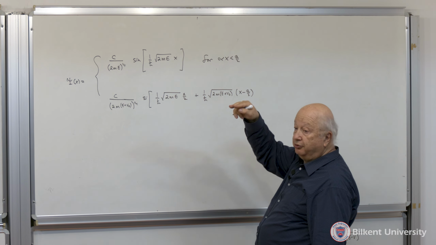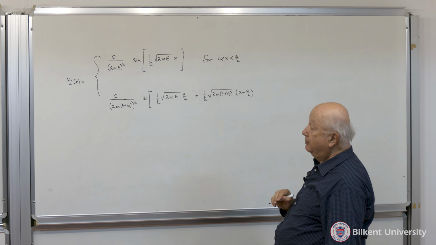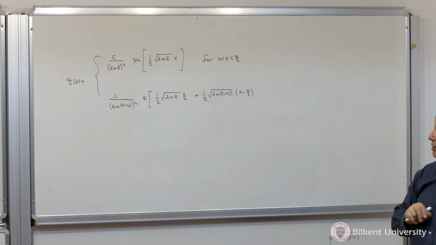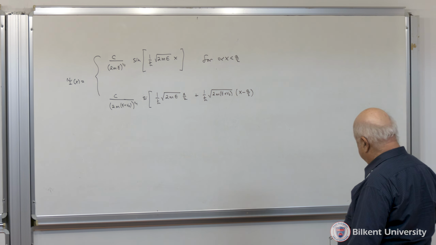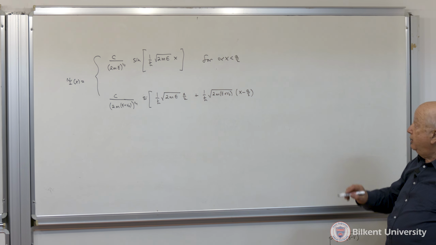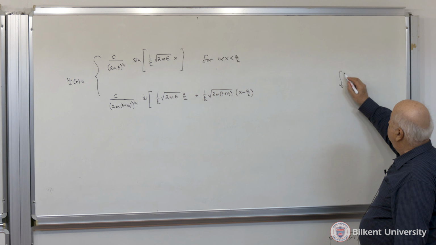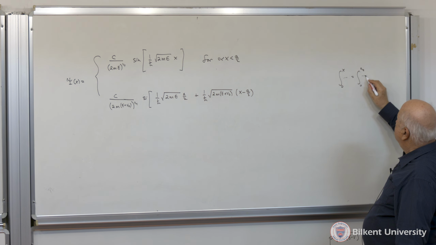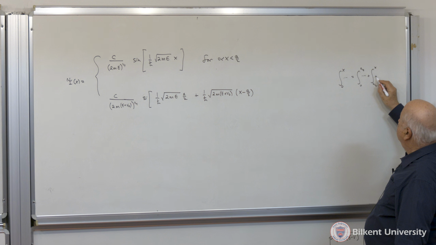Integral from a over 2 to x. Yes. Why are we also adding the integral from 0 to a over 2 in the second part? Okay, because the integral is from 0 to x. So this we are writing as 0 to a over 2, plus a over 2 to x.